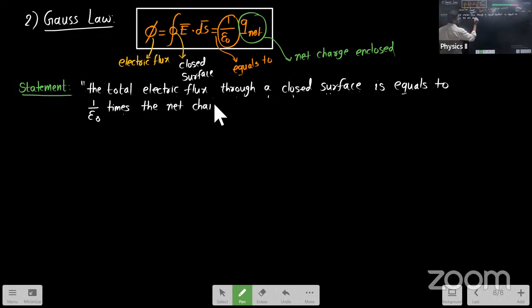So without by-hearting anything, we can easily write down this statement.